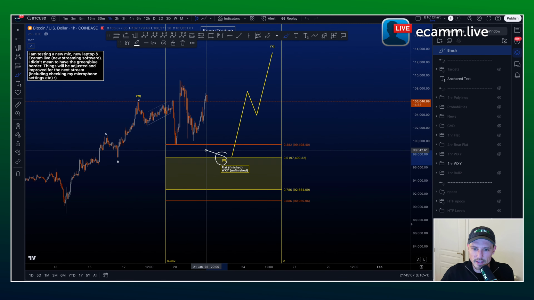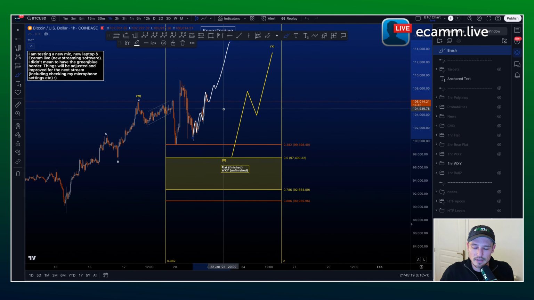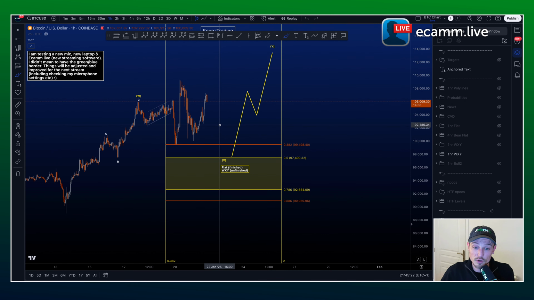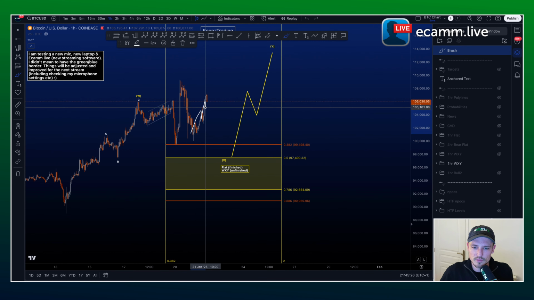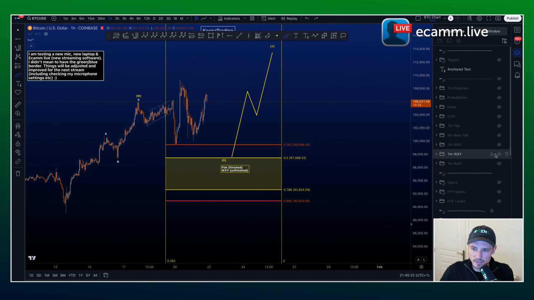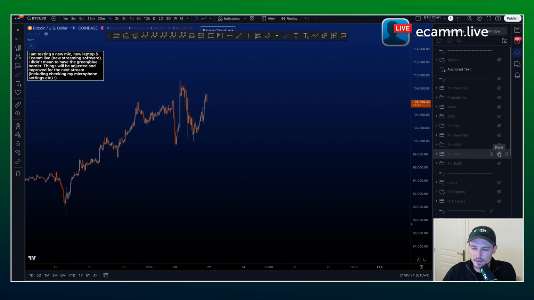So this scenario WXY looks very interesting. You could have a finished X at this low, and then have A, B, C, but I don't really like to count this as a clear C because of the overlap here. This would, for the bulls, be better as a multi 1-2, and then up for 3, which is your bullish count, or this is corrective in a double zigzag, W, X, Y, finish at resistance, and then you tumble back towards the downside.